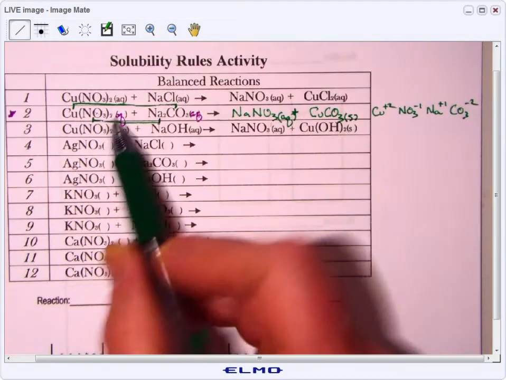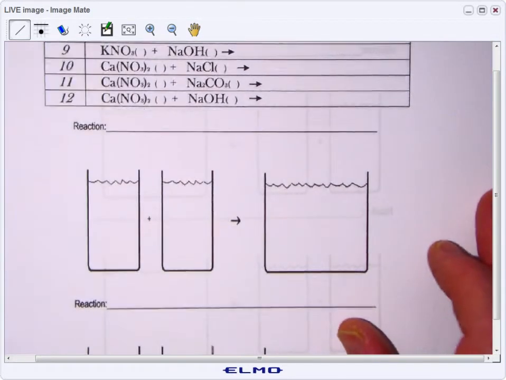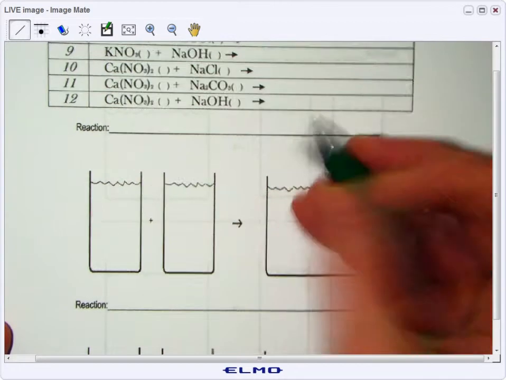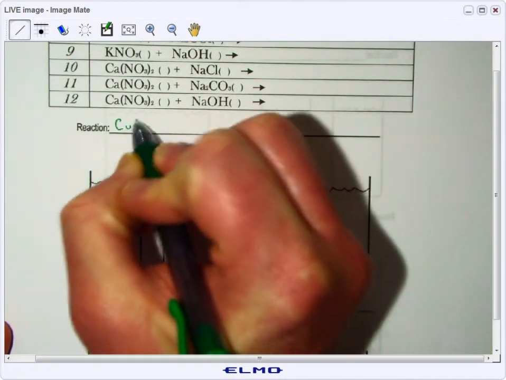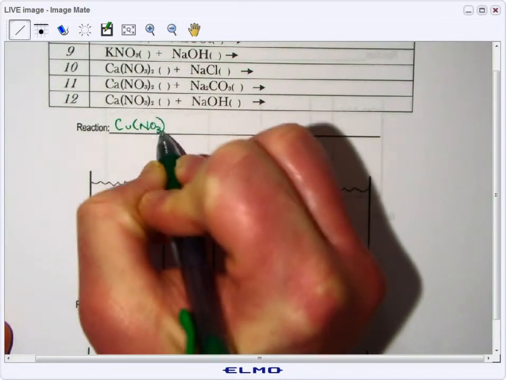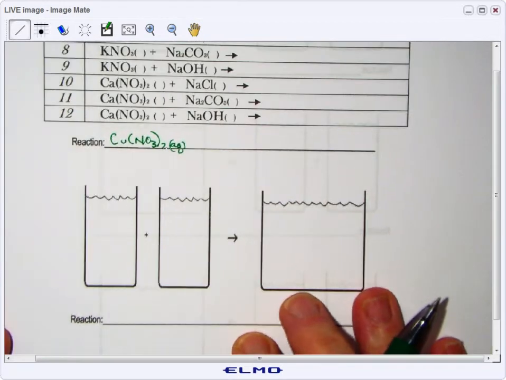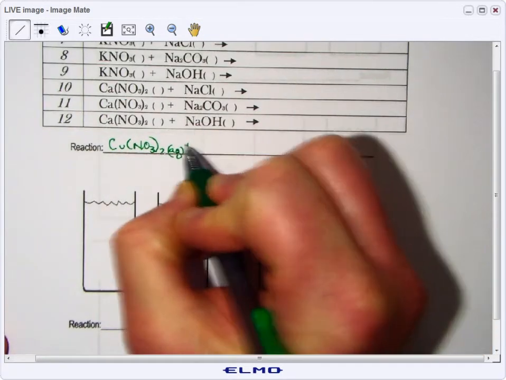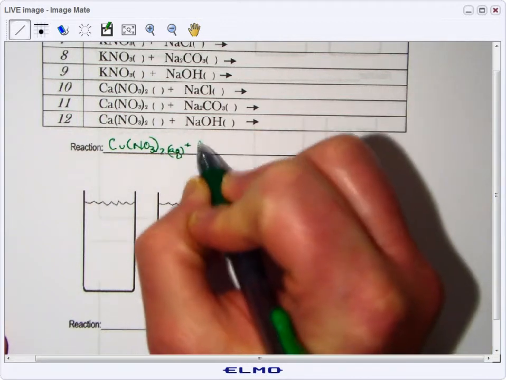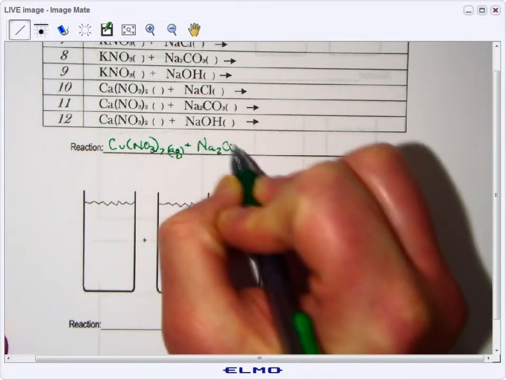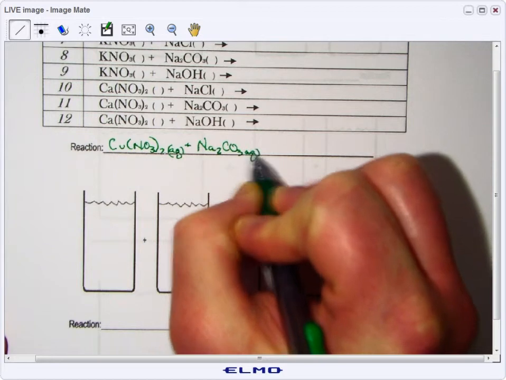So let's take this equation now. We'll show you what we're going to do with these little beakers down here. We're going to rewrite the equation. So I had copper nitrate, which was aqueous, and sodium carbonate, which is also aqueous.